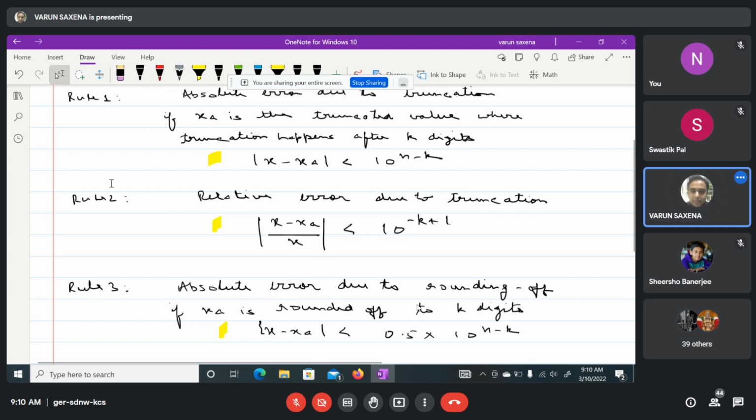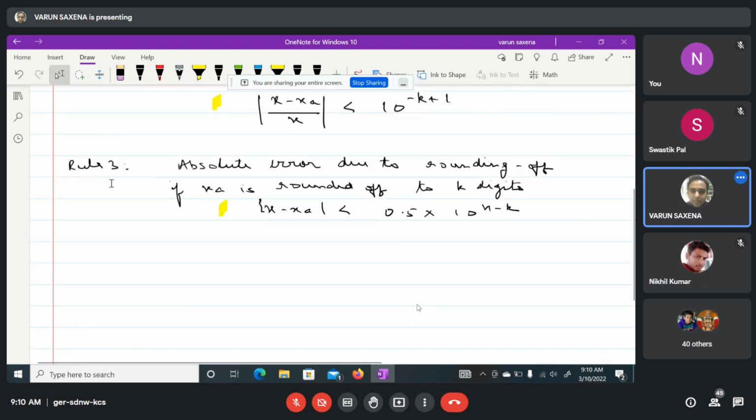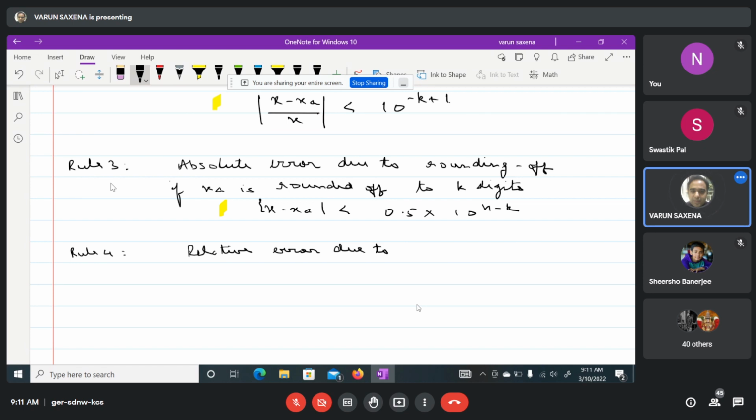And then rule 4 is the relative error due to rounding off.